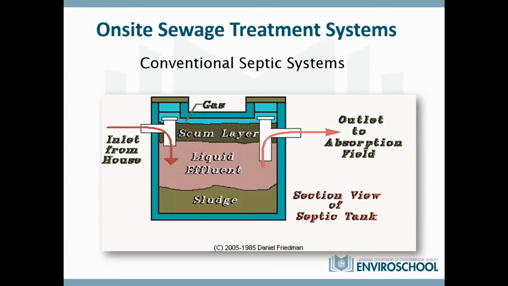And then the floating stuff like grease will form a scum layer at the top, and then everything in the middle is supposed to be somewhat clear, and it generally is fairly clear. That clear stuff, and you can see the way the pipe to the right is situated, so that only the liquid portion will be able to go out to the absorption field. So that's the basic method of treating sewage in a conventional septic system as far as the tank goes. So it's mostly primary, but also a little bit of secondary with the anaerobic action.